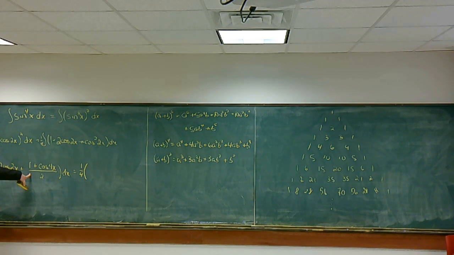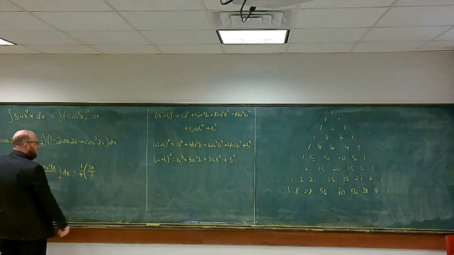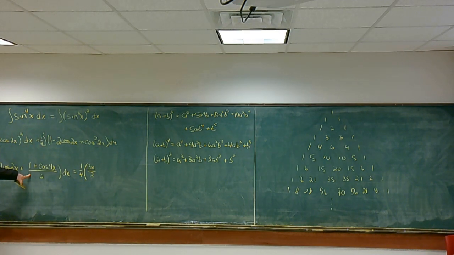One plus a half, 3 halves, right? Antiderivative of 3 halves. Antiderivative of cosine of 2x, already did, half sine of 2x.